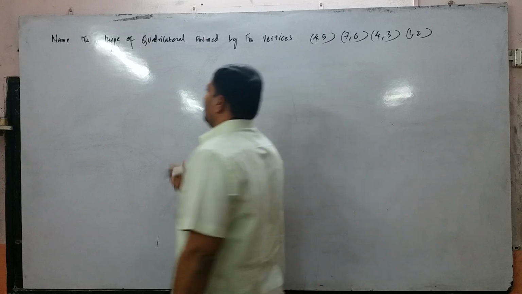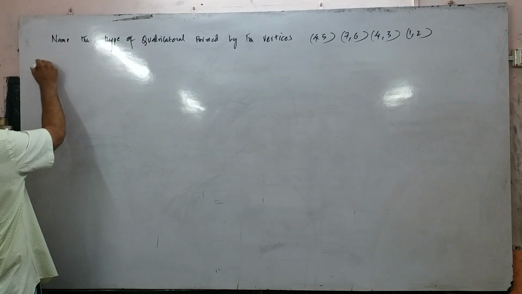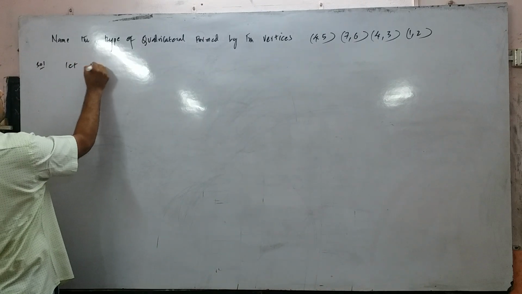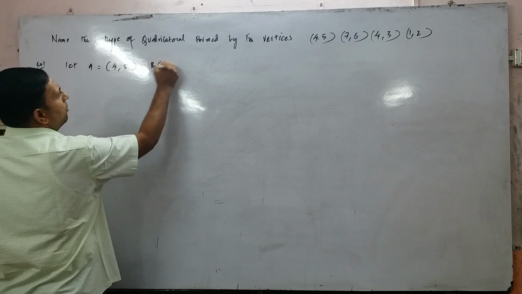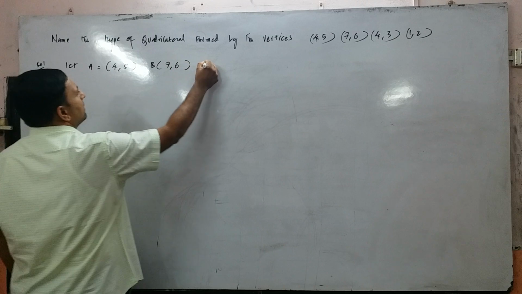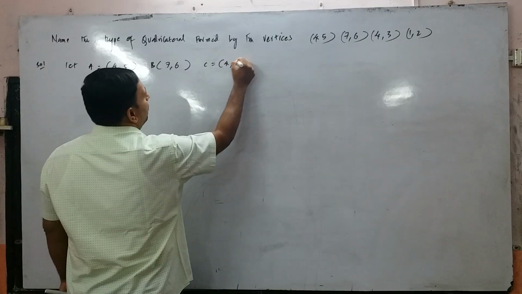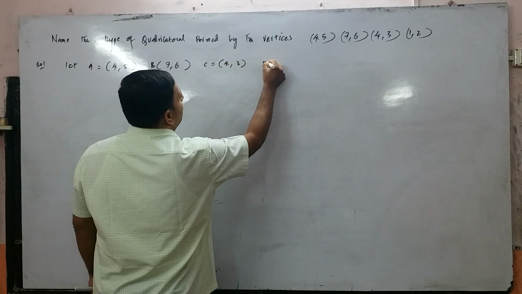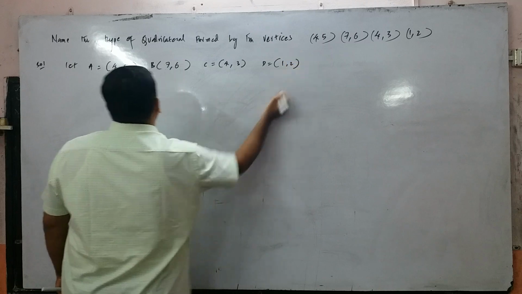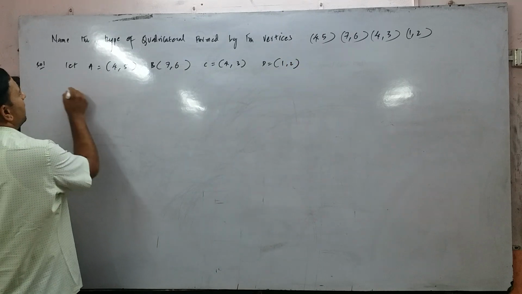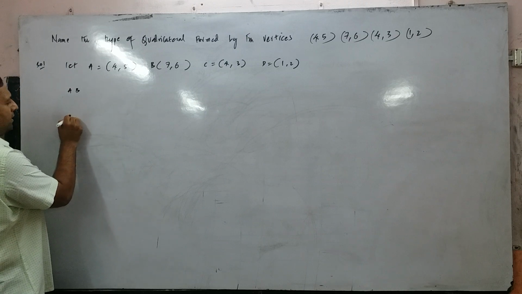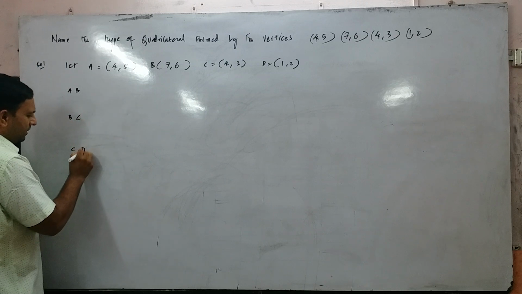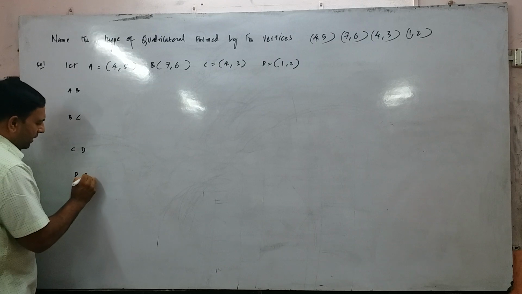Now, as usual, solution. Let A = (4, 5), B = (7, 6), C = (4, 3), D = (1, 2). Let us first find distance AB, then distance BC, then distance CD, then distance DA.